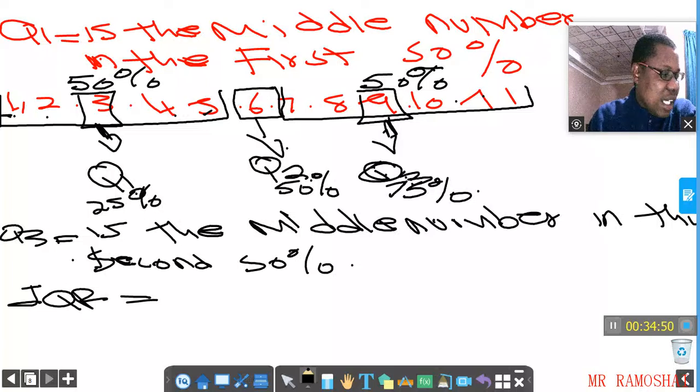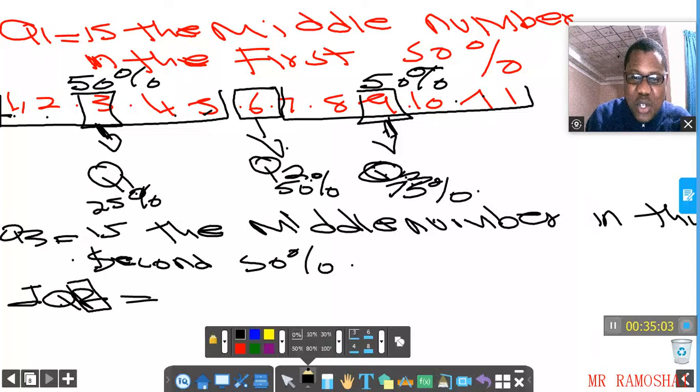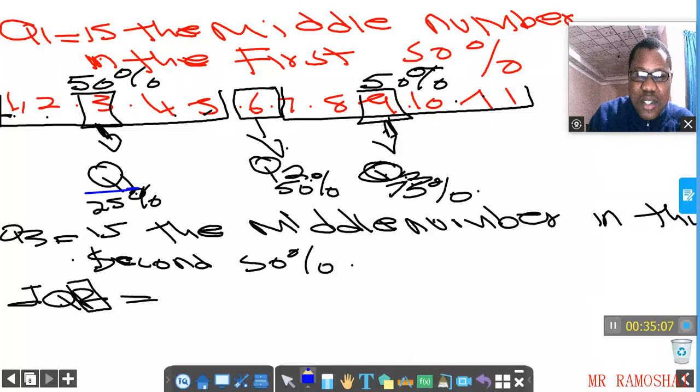Now, when we talk about the interquartile range, look at this, it is the range of quartiles. How many quartiles do we have? We have only 3 quartiles, which is quartile 1, quartile 2, and quartile 3. So here we're going to employ the concept of range. When you talk about range, we talk about the maximum value minus the minimum value.